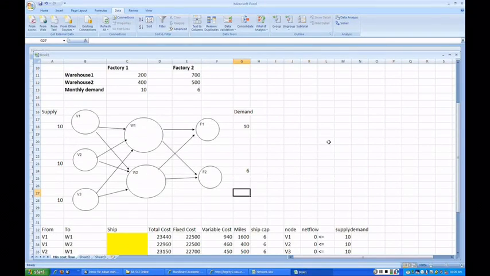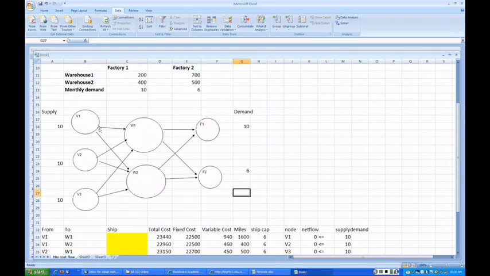Now the distribution network says vendor 1 can supply to both warehouses, likewise vendor 2 and vendor 3, and both warehouses can supply to both factories. So this is the distribution network. On top of that, the problem also states that there is a shipping capacity on each route.